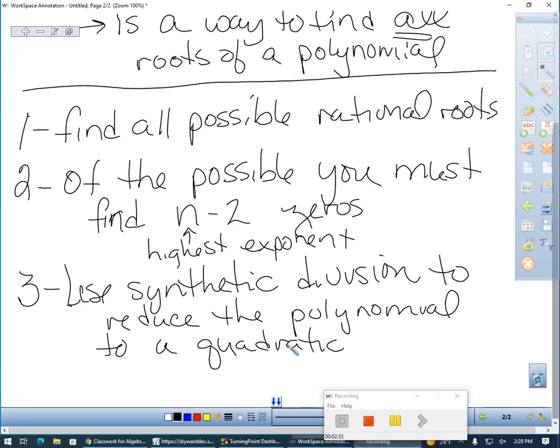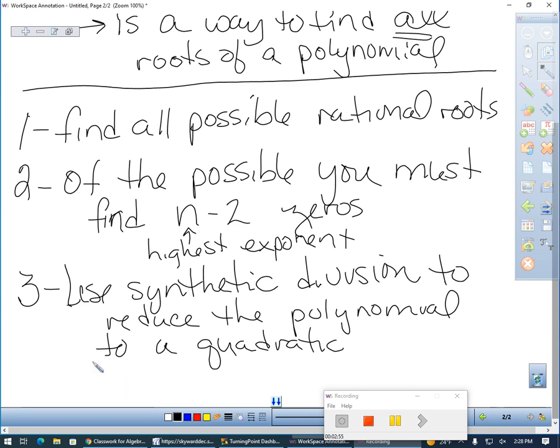Yeah, so we're going to reduce it down to a quadratic. That's why it's n minus 2. We're leaving it with an exponent of 2, so that we can do it by quadratic, by the square root method, by factoring, by whatever method we want once we get down to that. Okay?